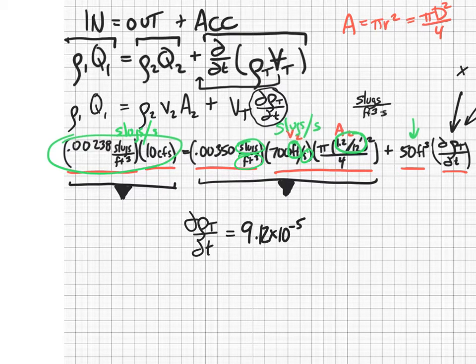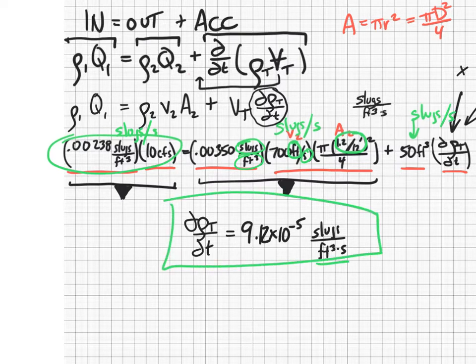But it could have been a mathematical error, like I could have accidentally put an area right there instead of a volume. So with that number, now this becomes slugs per cubic foot times seconds. Because notice we multiply that times foot cubed, we get slugs per second, so they all work out. So this whole thing will be slugs per second. So that's it.